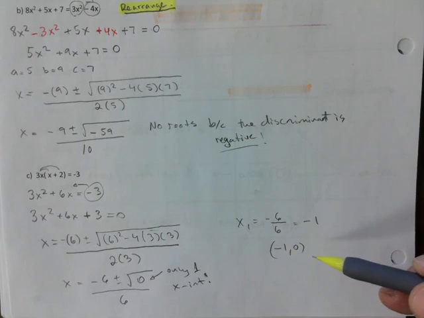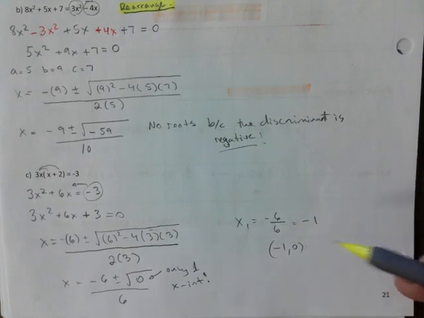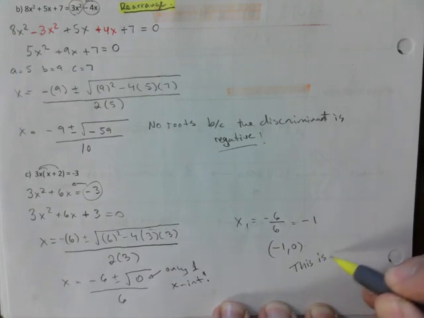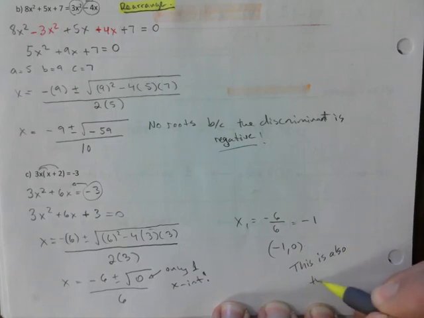What does that mean if there's only one root? The vertex is on the x-axis. That's the only point that's touching. Okay, so you found an x-intercept. This is also the vertex.